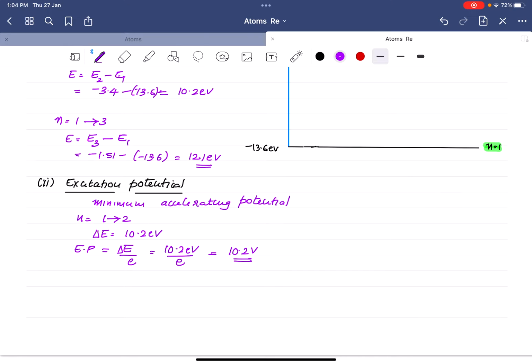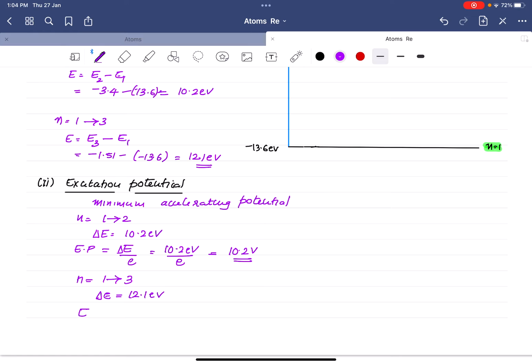So you have to provide a potential of 10.2 volt if you want to excite an electron from ground state to the first excited state, or you can say excite the hydrogen atom from its ground state to first excited state. Now if you want to excite an electron from n is equal to 1 level to n is equal to 3 level, the energy difference between the two levels we have calculated previously, and it was observed to be 12.1 electron volt.